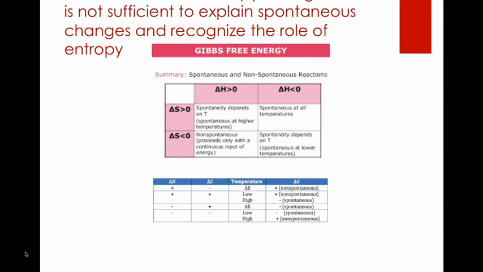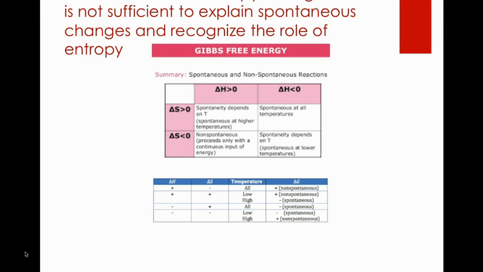Enthalpy change alone is not sufficient to explain spontaneous changes. You saw in the last slide the effect that temperature and entropy has. So you have a set of choices that can happen when delta H is bigger than 0 or when it's less than 0, when delta S is bigger than 0 and when delta S is less than 0.